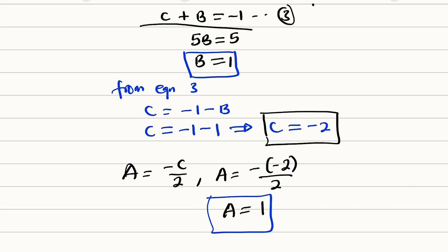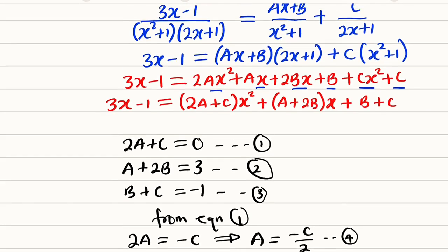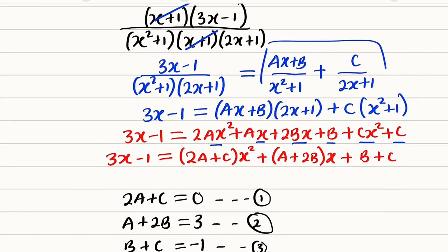This is another value, and this is the last one. Now what we need to do next is to substitute a, b, c in these fractions. You can see them right here. We are going to substitute the values of a, b, and c there to obtain our partial fractions.